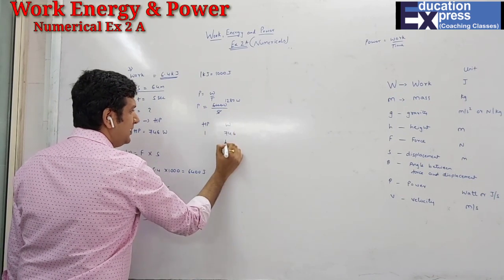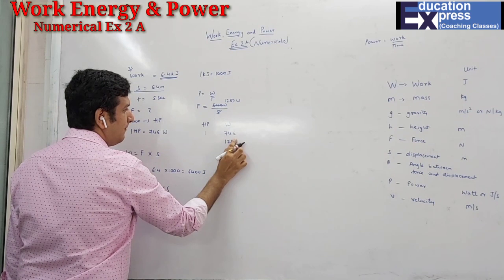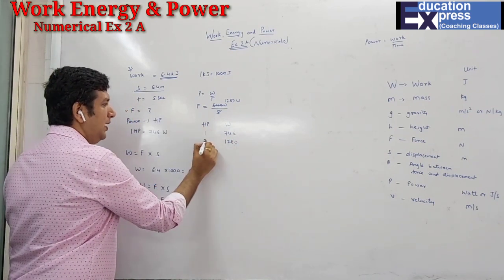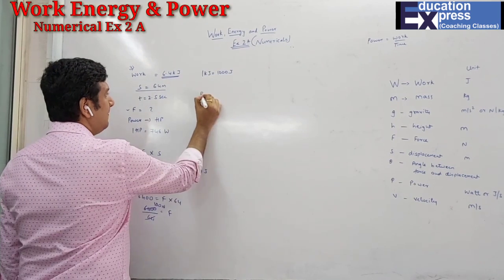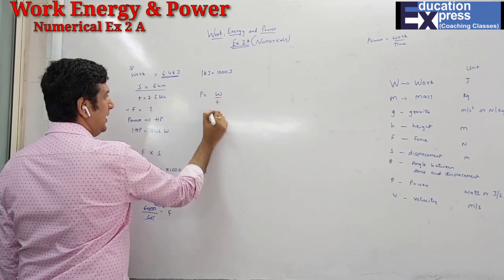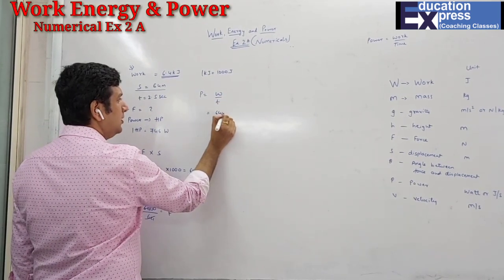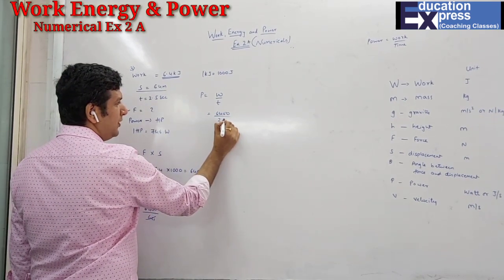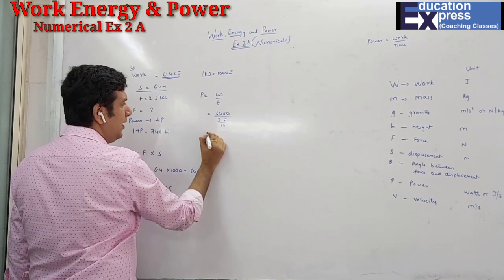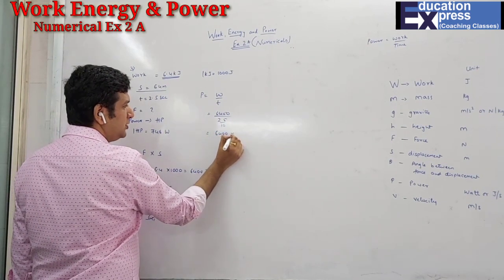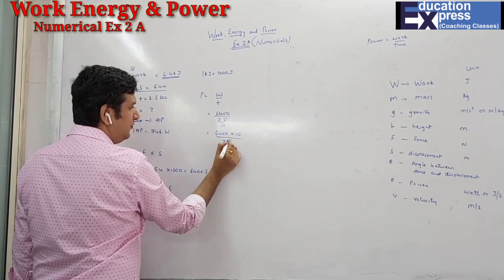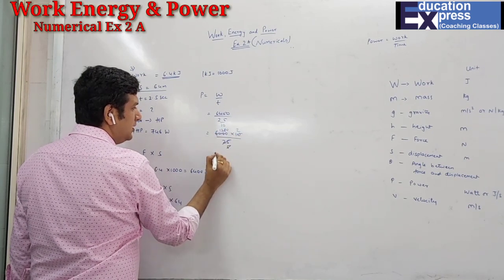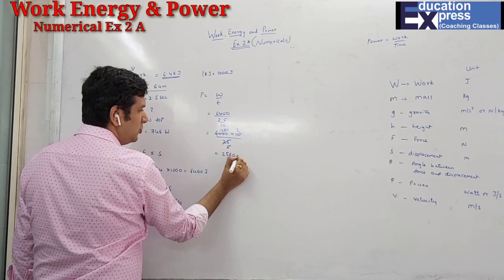So 1280 is how many horsepower? Power is work upon time. Work is 400 and time is 2.5 seconds. That is 25 upon 10. 10 will go where, students? In the numerator upon 25. 5 5s are 25, 5 2s are 10, and 5 1280. That is 2560 watt.